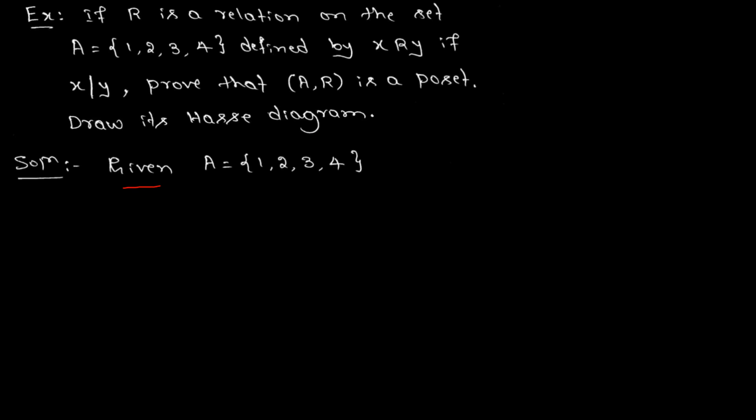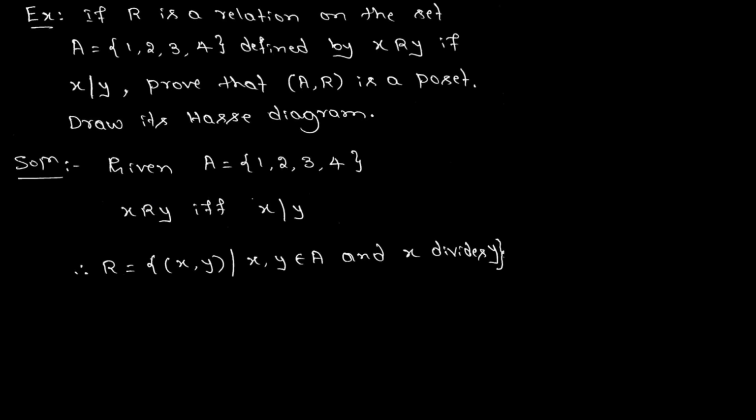Given a set A and also given the relation x is related to y if and only if x divides y. Therefore R is given by the set of all ordered pairs (x, y) such that (x, y) belongs to the set A and x divides y.